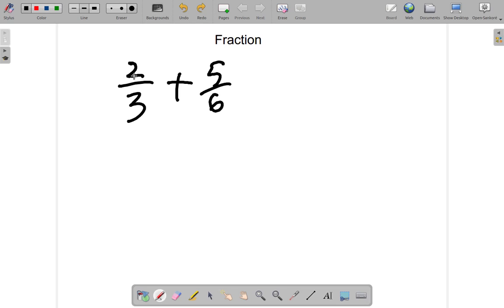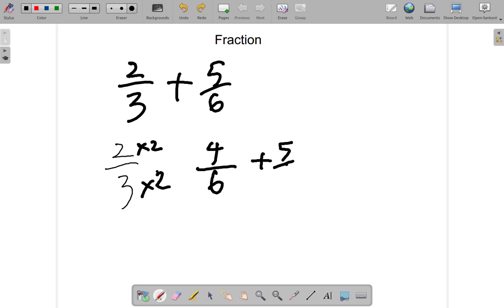Now I want the 2/3 to become some number of 6s. 2/3. If I multiply the 3 by 2, I get 6. I need to multiply the 2 up here by 2 as well. So what I have upstairs is 2 2s, 4, over 3 2s, 6. So this becomes 4/6 plus 5/6.